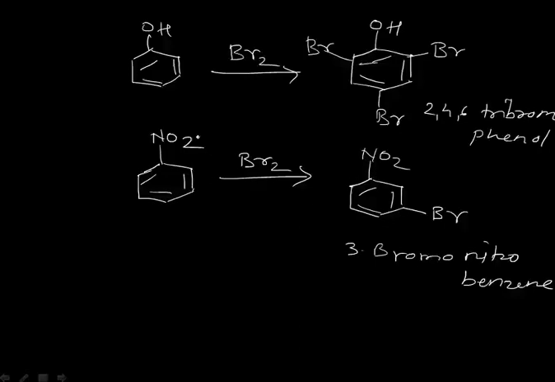So from bromination of phenol as well as nitrobenzene, we come to know that with phenol as a substrate, you have huge bromination of your aromatic ring. We end up with 2,4,6-tribromophenol as a product, while if you have nitrobenzene as a substrate, bromination ends up with 3-bromonitrobenzene.